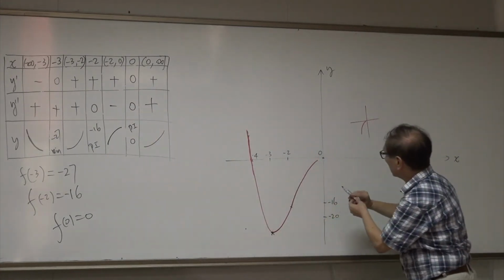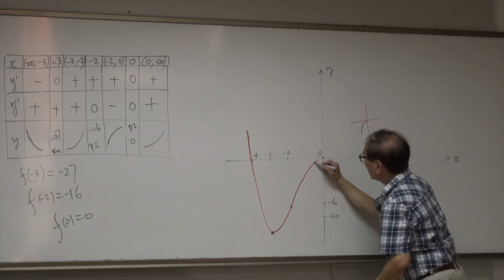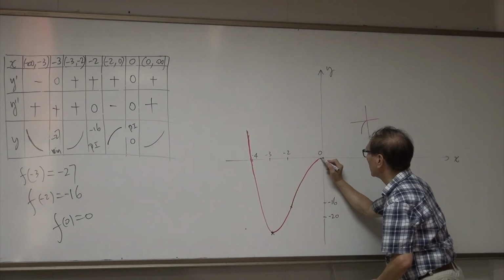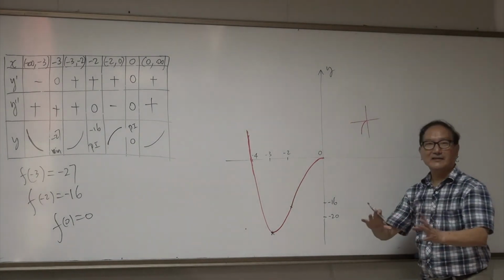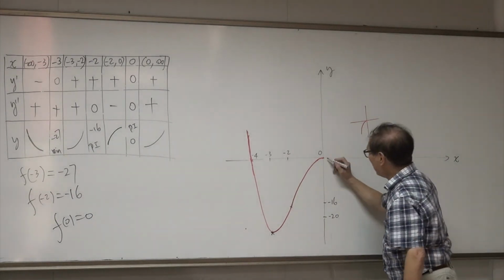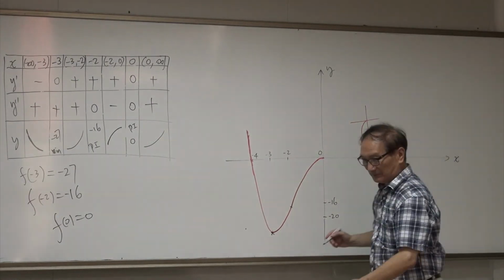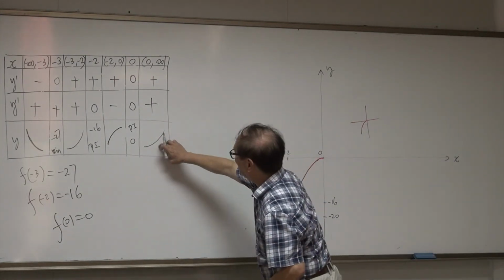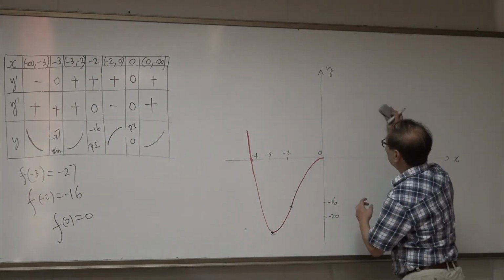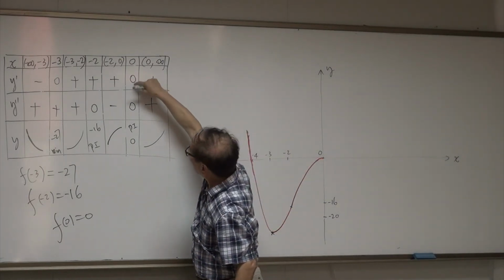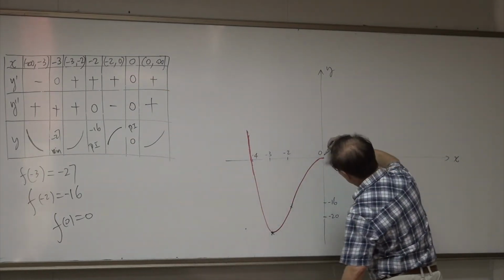So this has to be a horizontal tangent line. I did just a little exaggerate. So the horizontal, okay? Then after that is this shape. And be careful that the gradient of the tangent line is 0. It's horizontal.